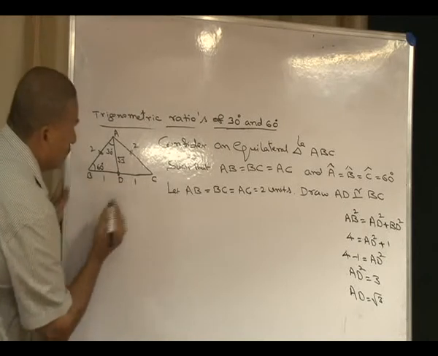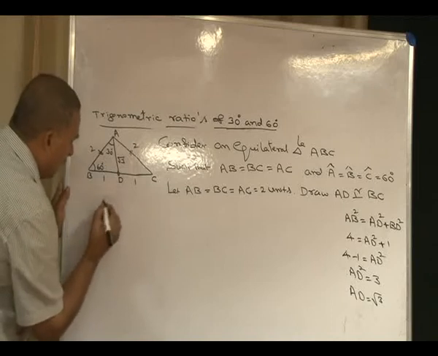Now the trigonometrical ratios of 30 degrees.